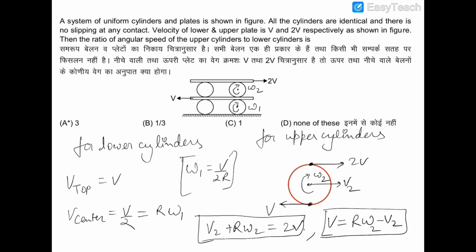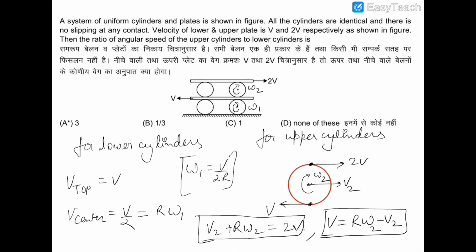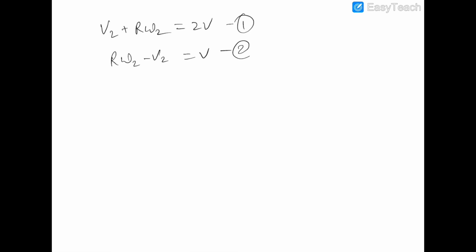And r omega 2 minus v2 is equal to v, this is the second equation. So to solve this, let us add up these two, 1 plus 2. So this is 2r omega 2 is equal to 3v. So omega 2 would be equal to 3v by 2r.